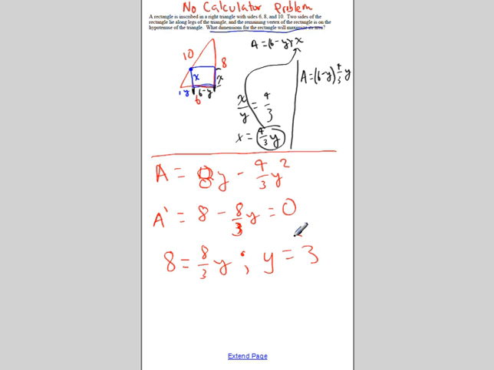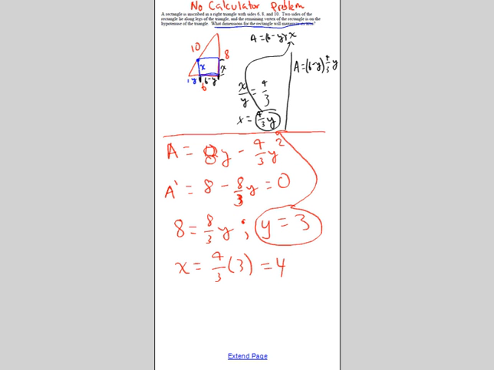And if we know y, then we can find x. So x equals 4 thirds y, which is 4 thirds times 3. So x equals 4.